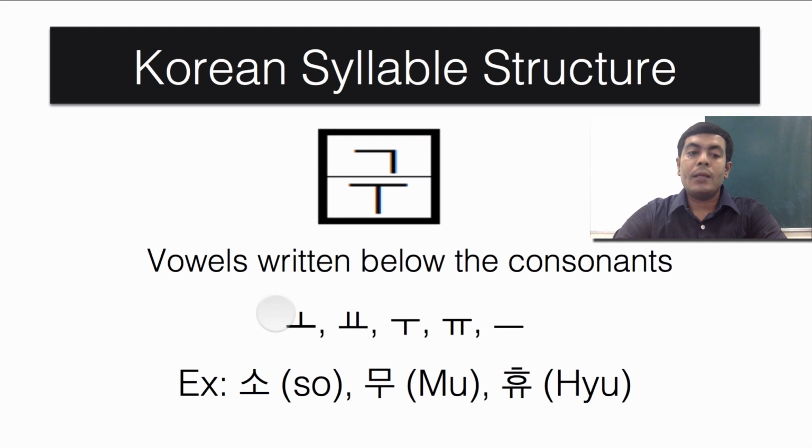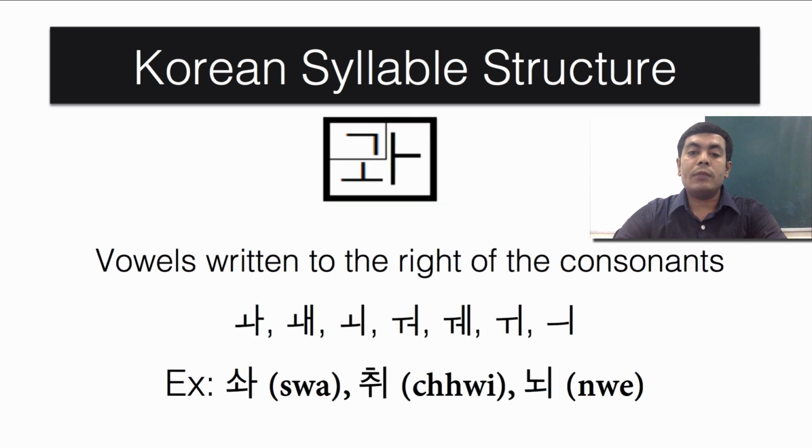And then we have these complex vowels that appear both to the right side as well as below the consonants. So for example, wa, we, wo, we, ui. These vowels will appear both on the right and below the character, below the consonant.